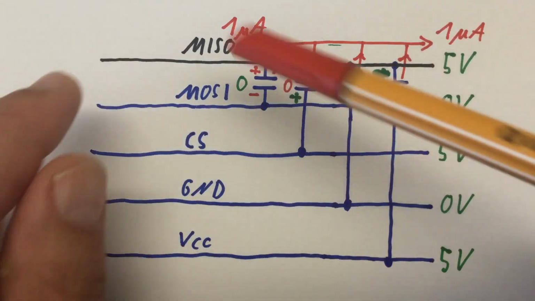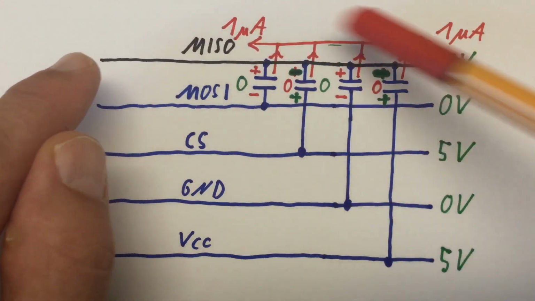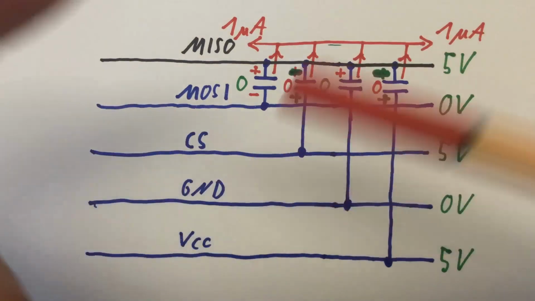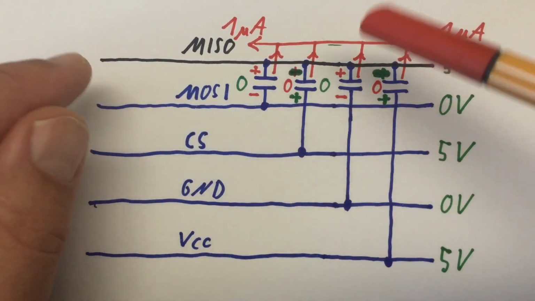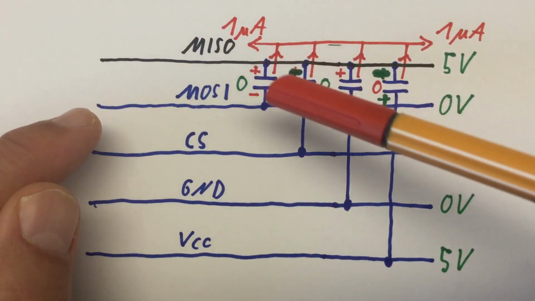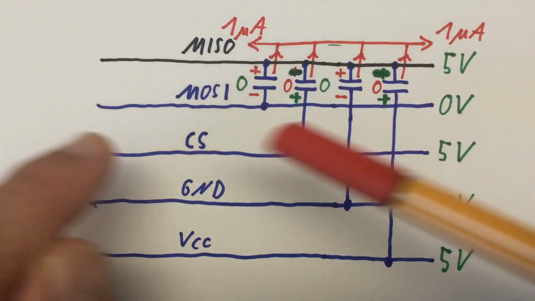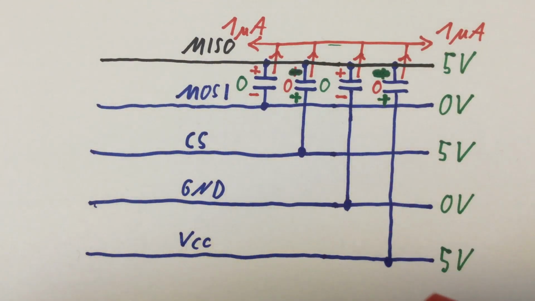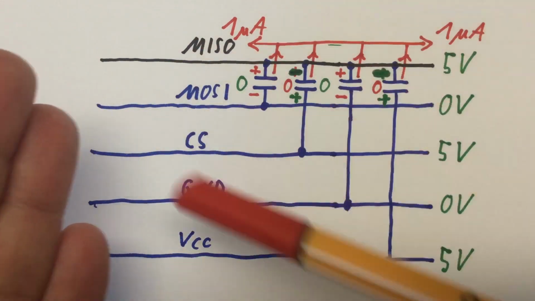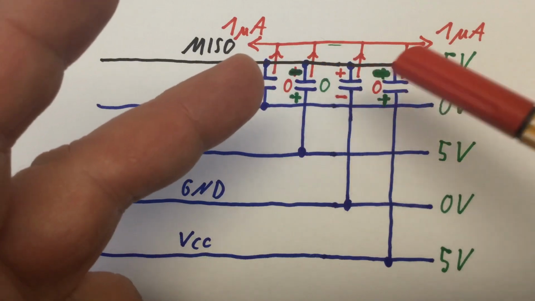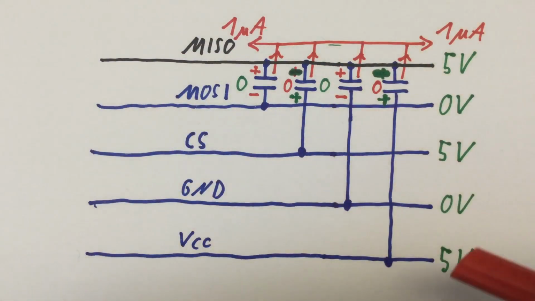If we just consider the MISO line here, which is left dangling high at 5 volts at the end of our SPI cycle, that line has 4 parasitic capacitances to the other 4 lines. So we can draw that as the MISO line being coupled by 4 little capacitors with the other 4 lines.